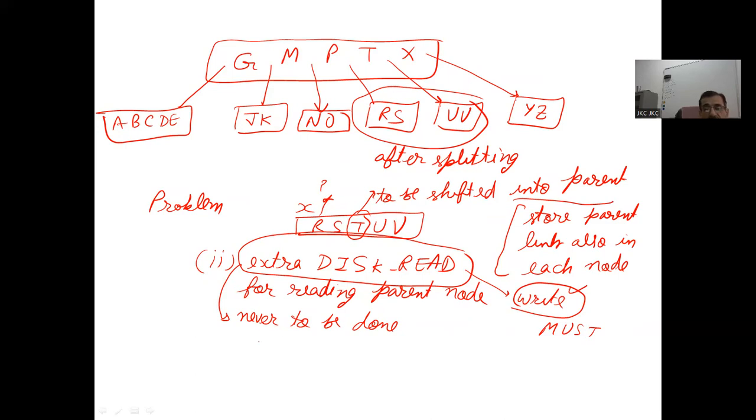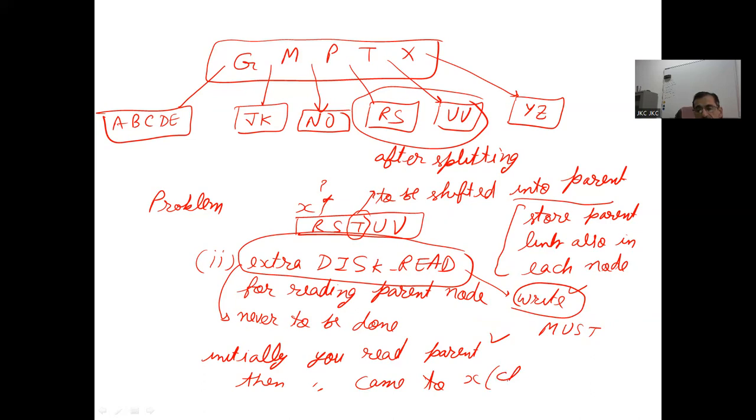Why am I saying extra? Initially, you read the parent; that reading was a must, and you did that perfectly fine. No issue, that was needed. Then you came to the child node, you came to X. This reading was also needed, obviously.